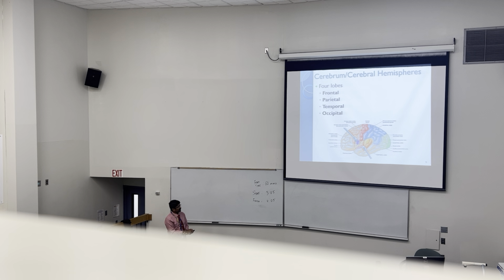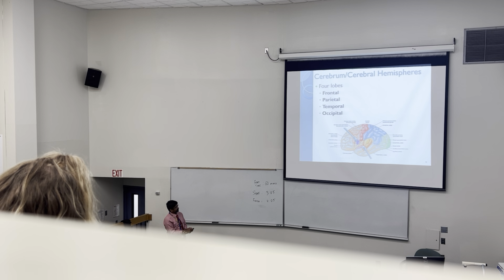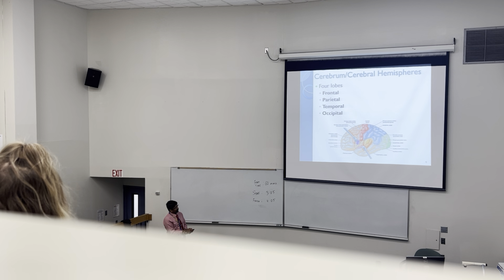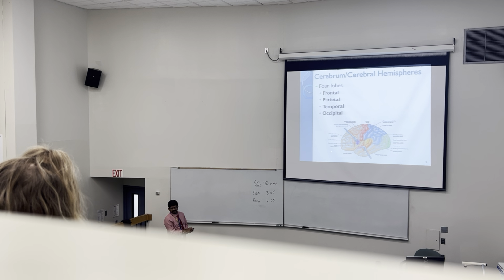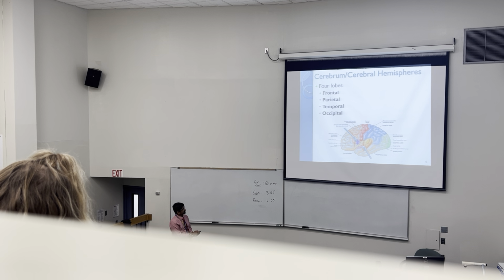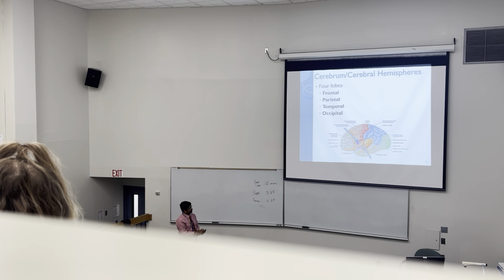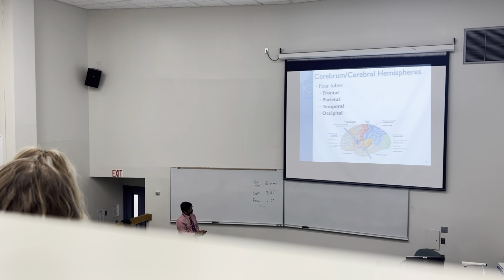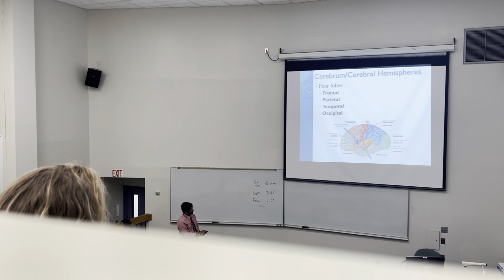This is a side view, thicker at the back, posterior. This will be the anterior, thicker front. So this is the frontal lobe, parietal there, occipital at the back, and temporal.